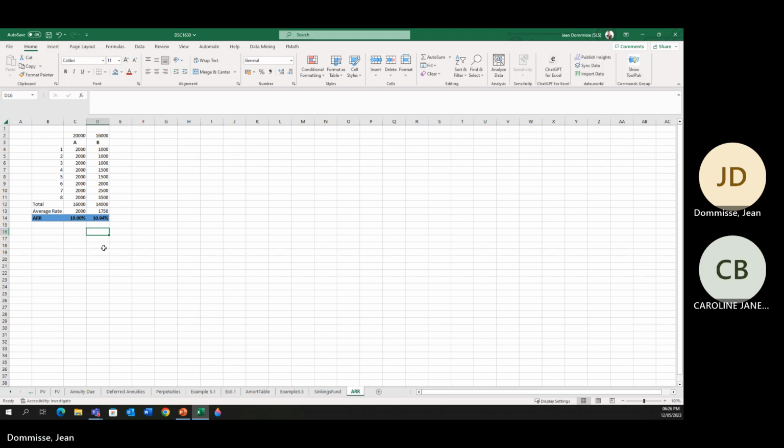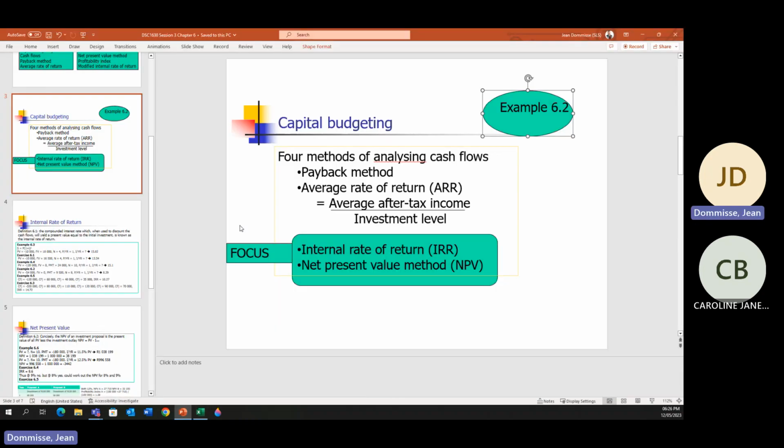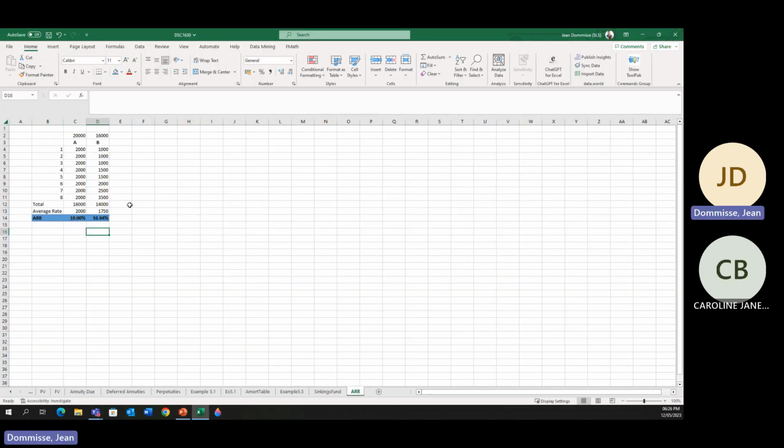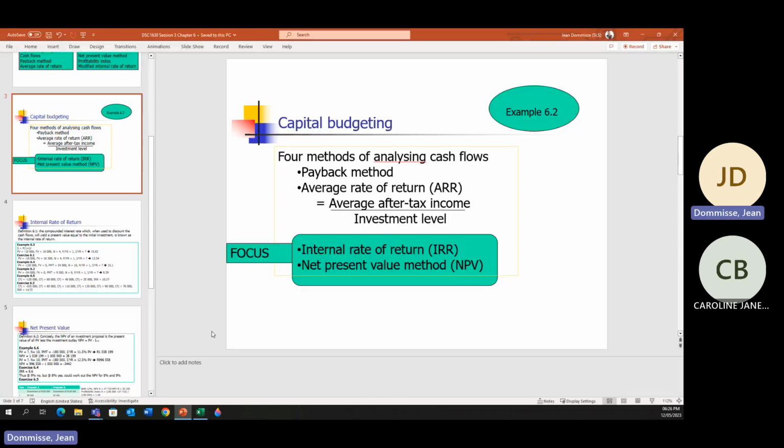So yes, we said there's not a lot of focus on it, but if you need to use it in the exam, you have an option, and that is to use this table in Excel. The other two things that we will look at are internal rate of return and net present value.